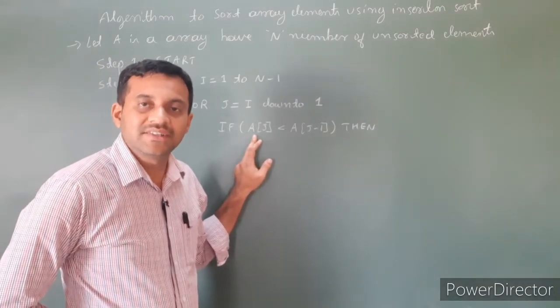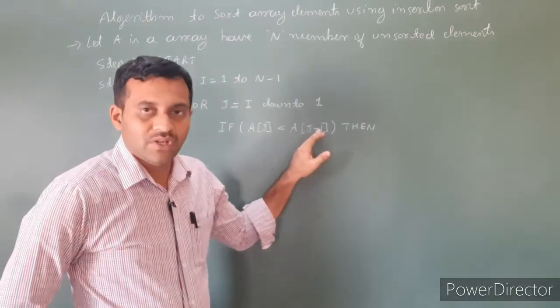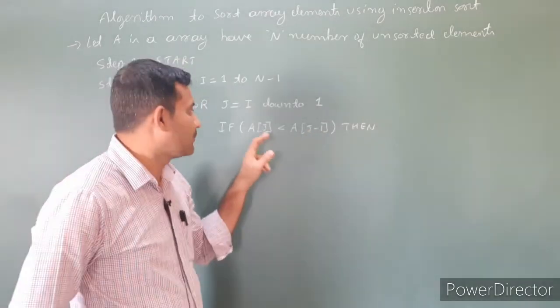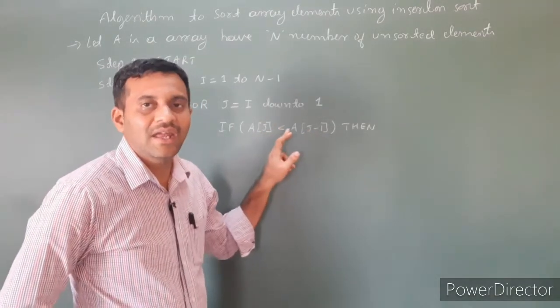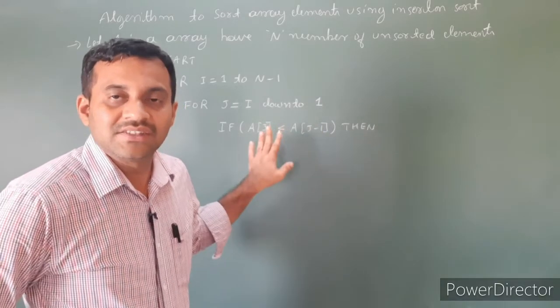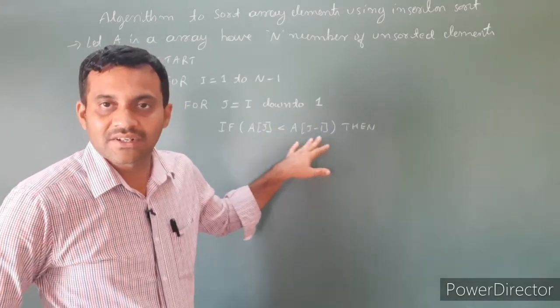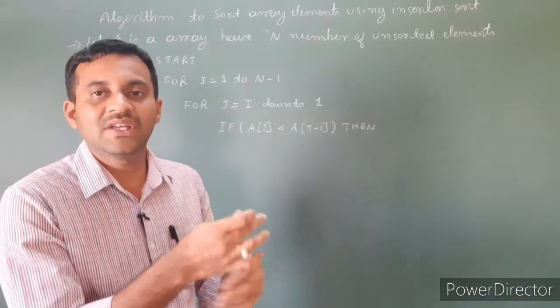A of j holds the unsorted element, j minus 1 holds the sorted element. We have to compare A of j is less than A of j minus 1. Unsorted element is less than the sorted element, then we have to swap the numbers.